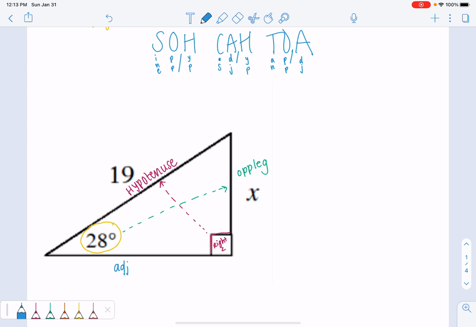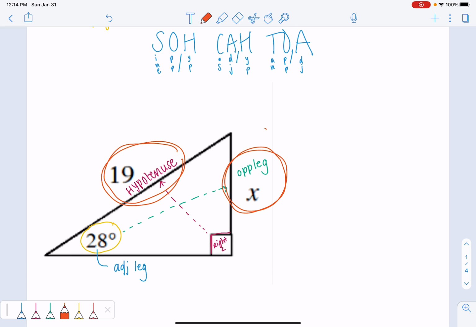The adjacent leg is the leftover leg, which is next to the angle. Here, we want to find the opposite leg, and we have the hypotenuse. So we have O and H.